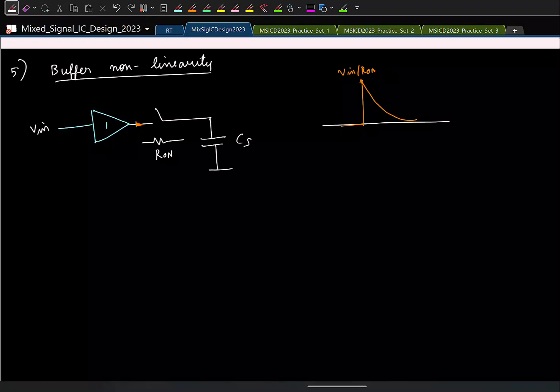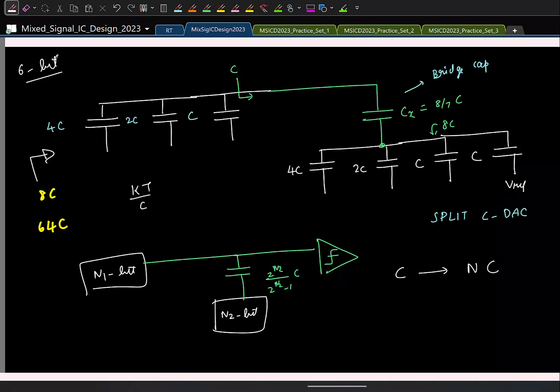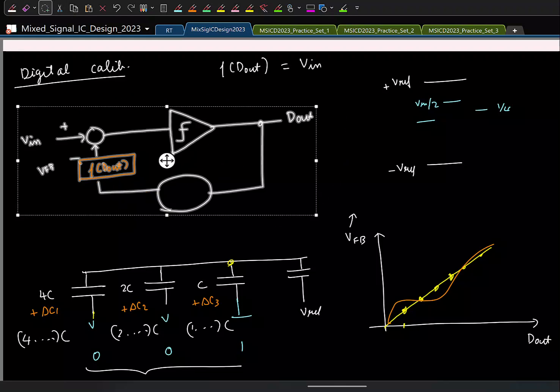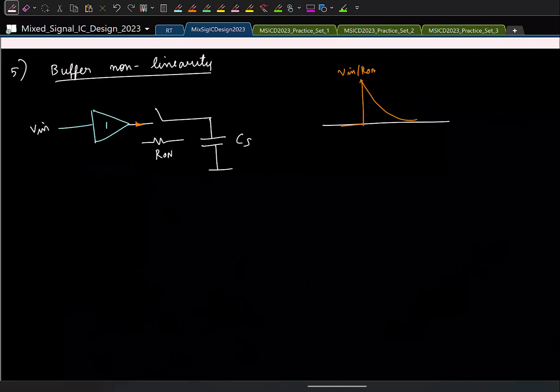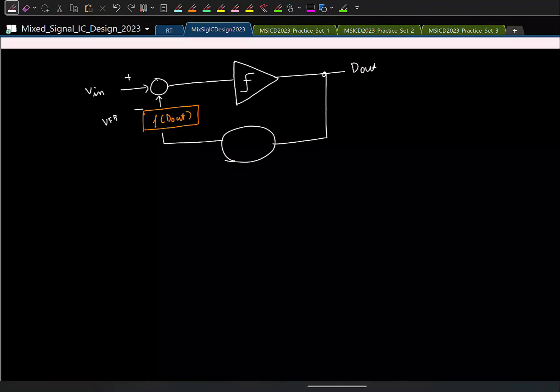For that, I'll bring your attention to the negative feedback model that we had. Let me just copy this. I'll not consider the capacitor mismatch, only one issue at a time.